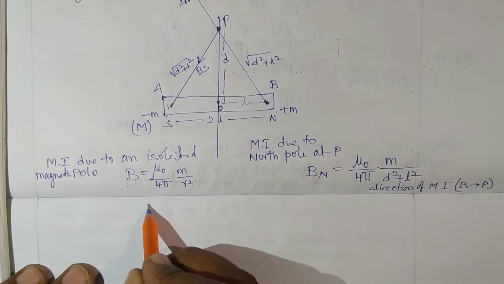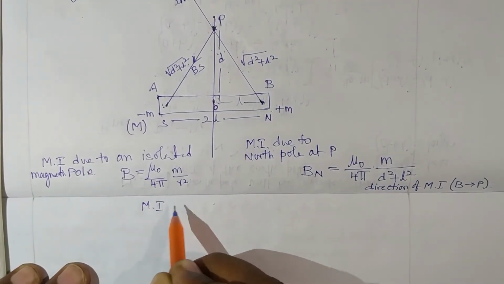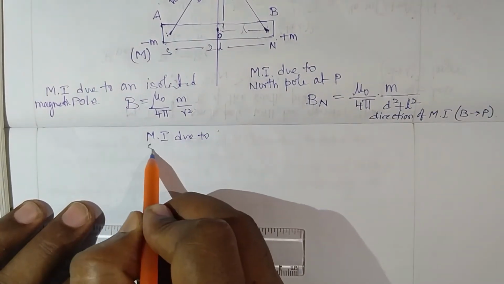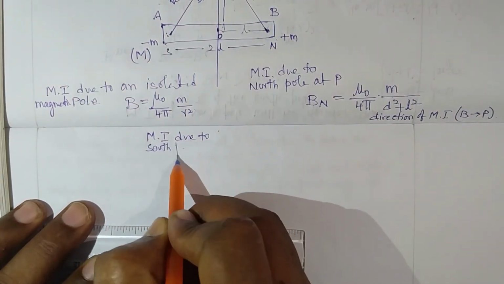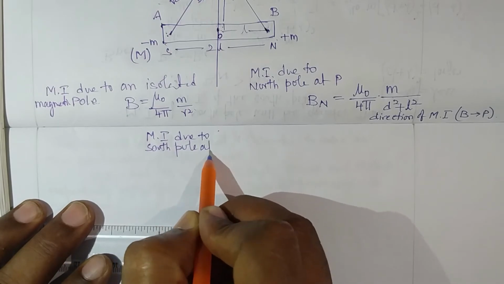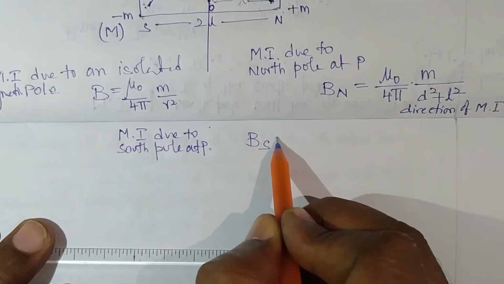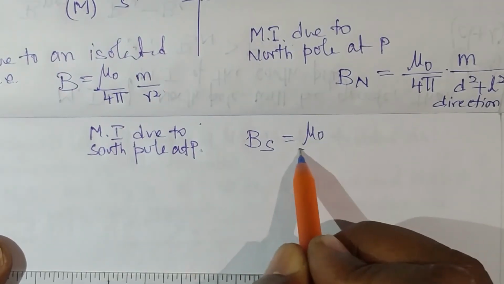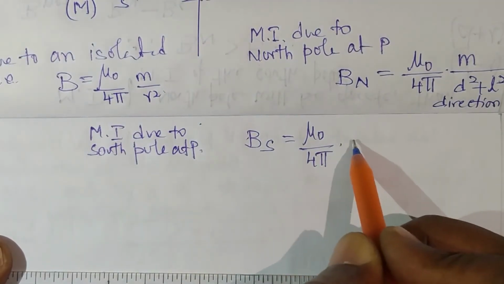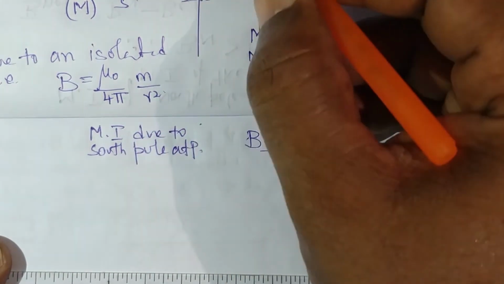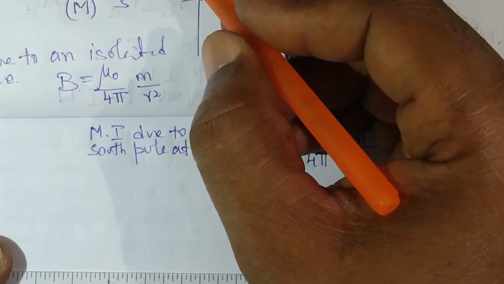Now what is the magnetic induction due to the south pole at P? The magnetic induction due to the south pole at P is mu naught by 4 pi, again M by R square. Here, what is this R? Square root of D square plus L square.